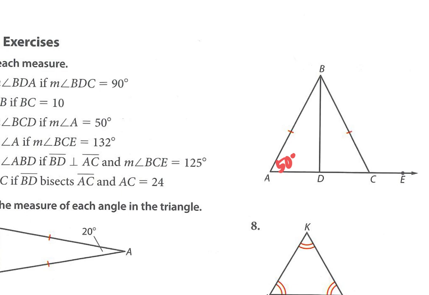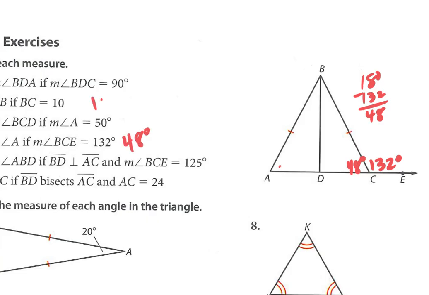All right, number 4, if BCE, so this out here is 132, then how are we going to find A? It is 48. Okay, why? Because I subtracted. Okay, because 180 minus 132 gives you 48. And that's this one technically, but those two are equivalent. Yep. All right, so that one's 48.